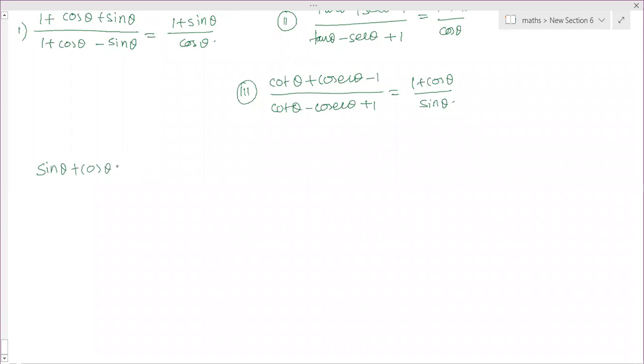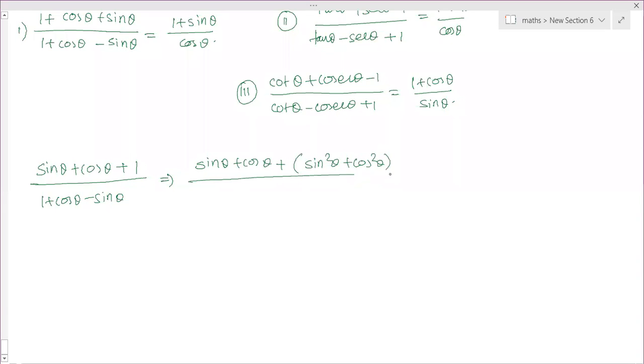Sin theta plus cos theta plus 1 by 1 plus cos theta minus sin theta. I'm replacing this with sin theta plus cos theta plus sin square theta plus cos square theta divided by 1 plus cos theta minus sin theta.